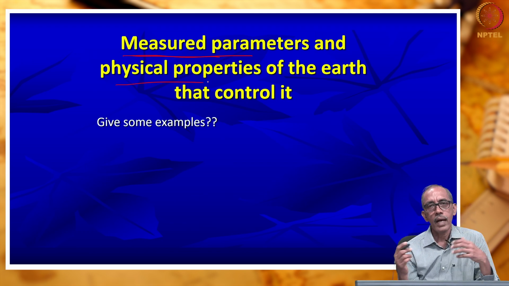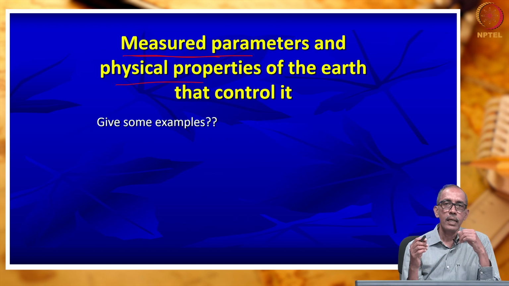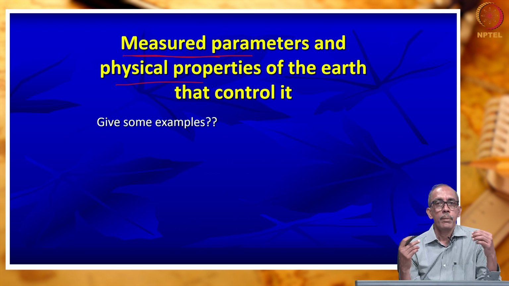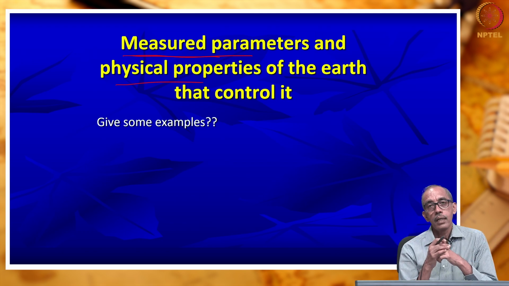So, can we have some examples? Let me say I am going to measure the resistivity of the earth. Right? I am measuring the earth's resistivity. What is the property of the earth that is going to control the earth's resistivity? Maybe electrical conductance. Obviously, electrical conductance is going to control resistivity. Electrical conductance depends on what? Electrical conductance depends on the property of the material.